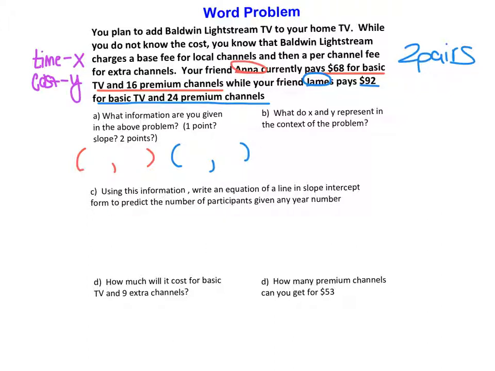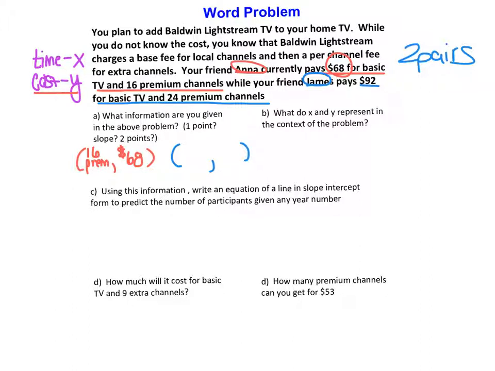And as I look at this, what I notice is that Anna's cost is 68. So that 68 is going to go in the y variable because cost typically goes in y. So I have $68 as my cost for Anna, and then with that I get 16 premium channels. Those are the two things that I can see paired up.